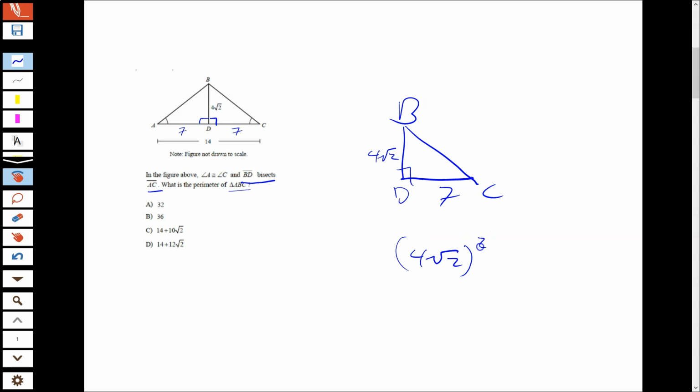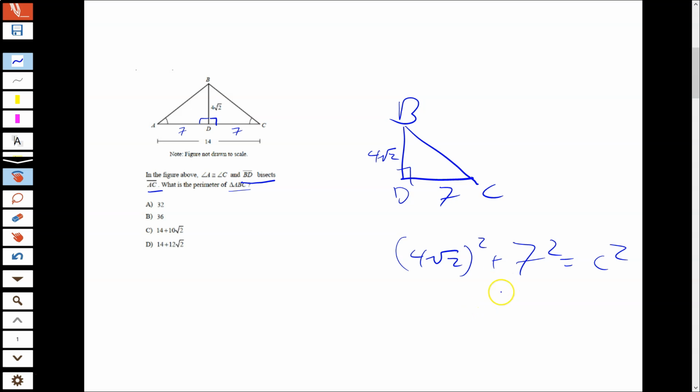So let's think about what this says right away. It tells us BD bisects AC. That means it cuts it in two equally. 7, 7. So we want the perimeter of ABC, which means we have to add up all the sides. Let's just worry about that right-hand triangle, DCB. So we have 4 root 2 and 7. Well, we have a really easy way to find that third side. So I do 4 root 2 squared plus 7 squared equals c squared.